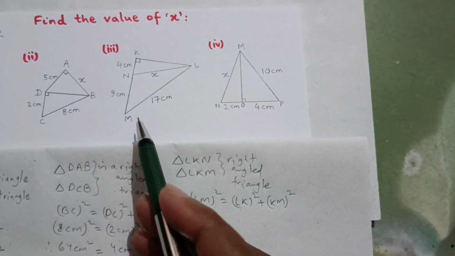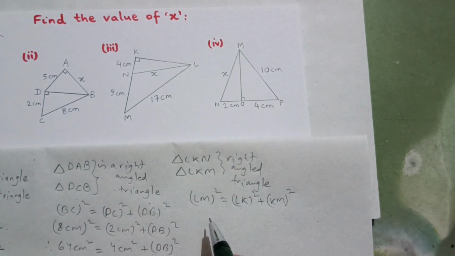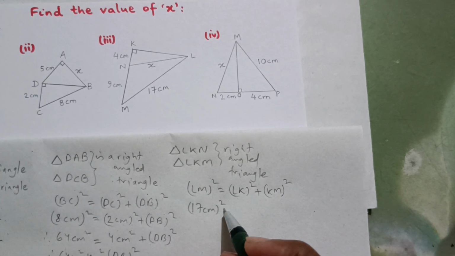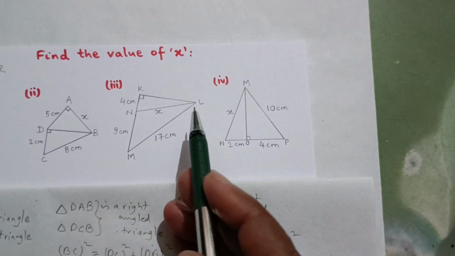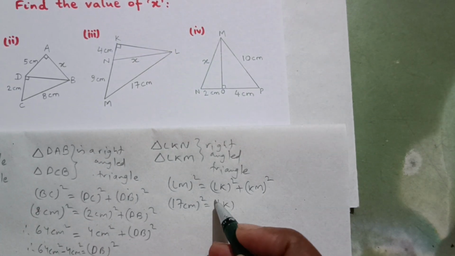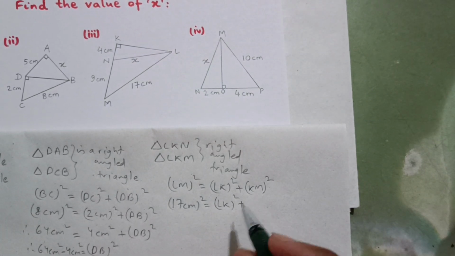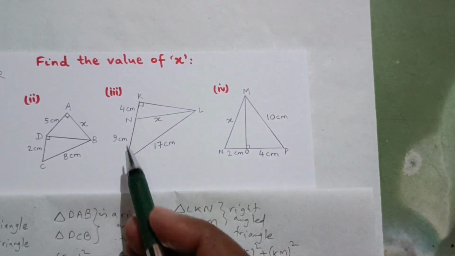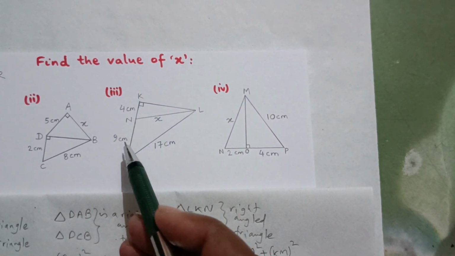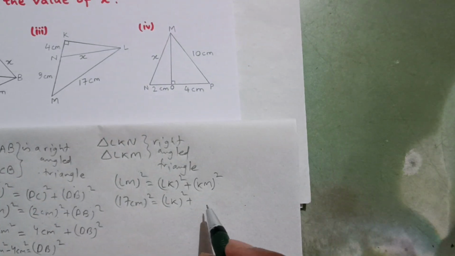Now LM is 17 centimeter. So 17 centimeter whole square is equal to LK, which we have to find out, so LK whole square plus KM. KM is 4 centimeter plus 9 centimeter, which is 13 centimeter.